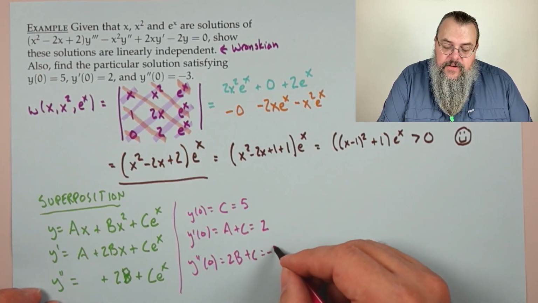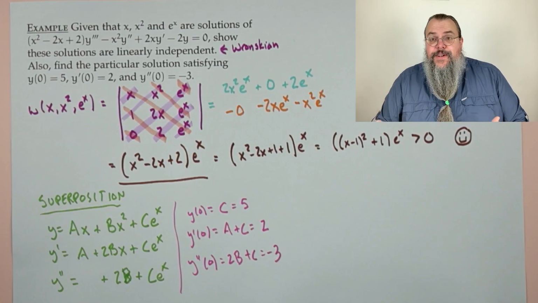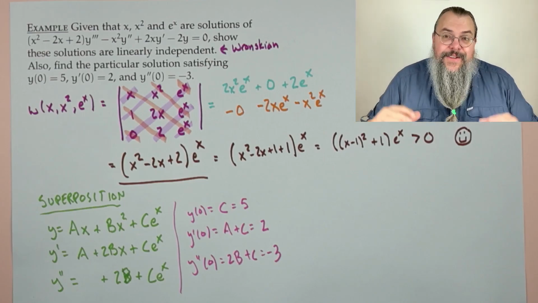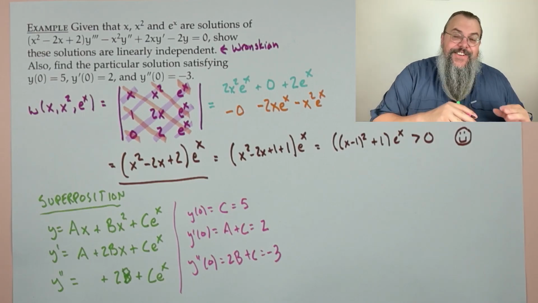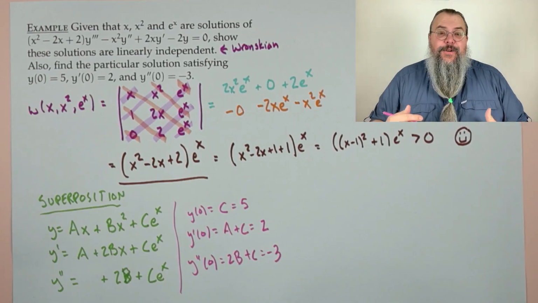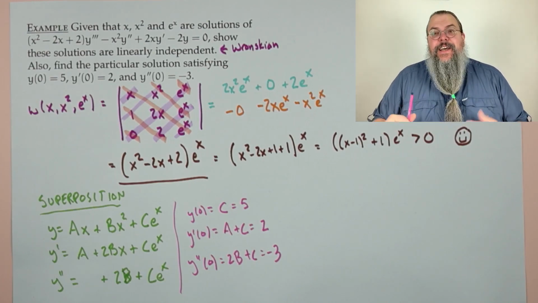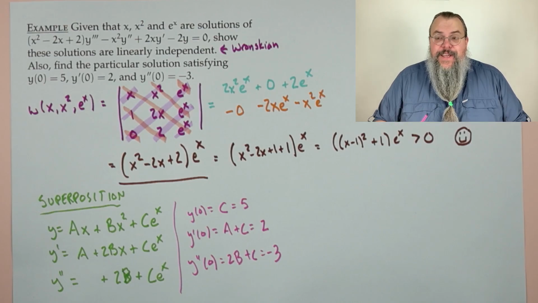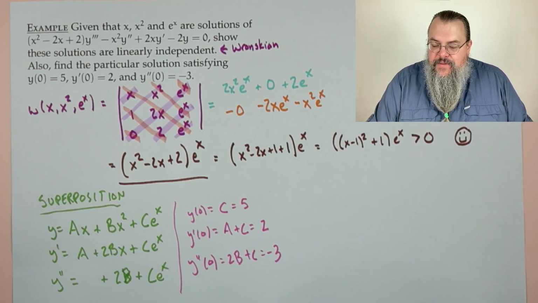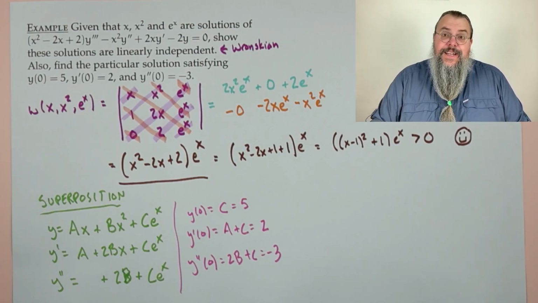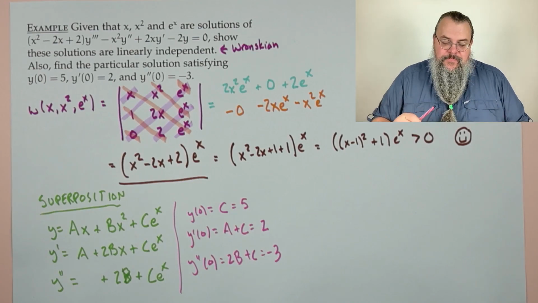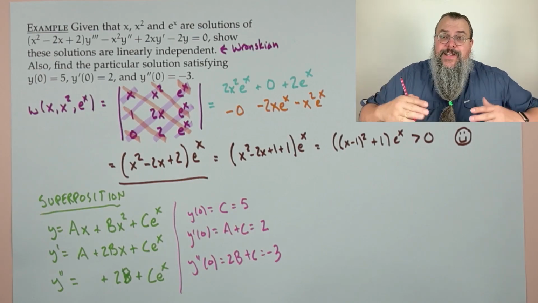Now what we have here is 3 equations, 3 unknowns. And admittedly though, this is, as 3 equations, 3 unknowns go, pretty straightforward. It will not always be this straightforward. And so just be ready. Don't be surprised if things can get a little messy. But it's the same philosophy.